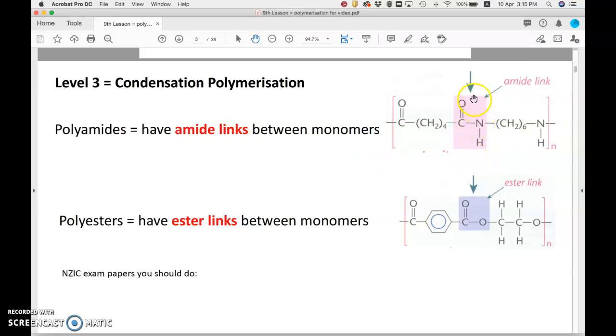And so we've got highlighted here is an amide link, the carbonyl carbon adjacent to a nitrogen atom. Okay, so that's the amide link, and we'll look at the formation of those. And then the second one we'll look at is the formation of polyesters, and these have an ester link. And you've got here highlighted what an ester link looks like, a carbonyl carbon onto an oxygen.